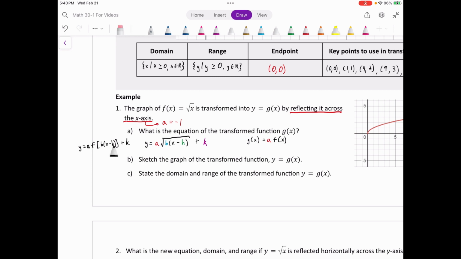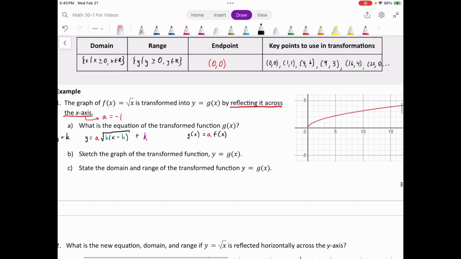In this case, h and k are 0, b is 1, so all we've got to do is multiply the original function f of x by a. So if f of x was root x, then g of x is a times root x, and a is just -1.